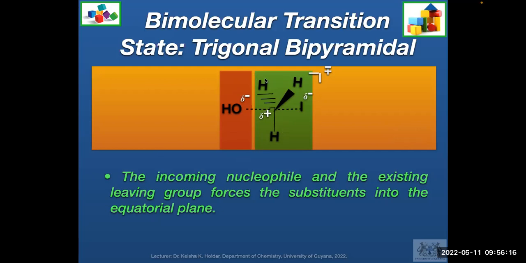This is your trigonal part, where you have your 3 substituents in one plane. They're in the same plane and they are 120 degrees apart. So these would be referred to as equatorial substituents. And then you have these 2 perpendicular substituents, as in the hydroxy and the iodide.